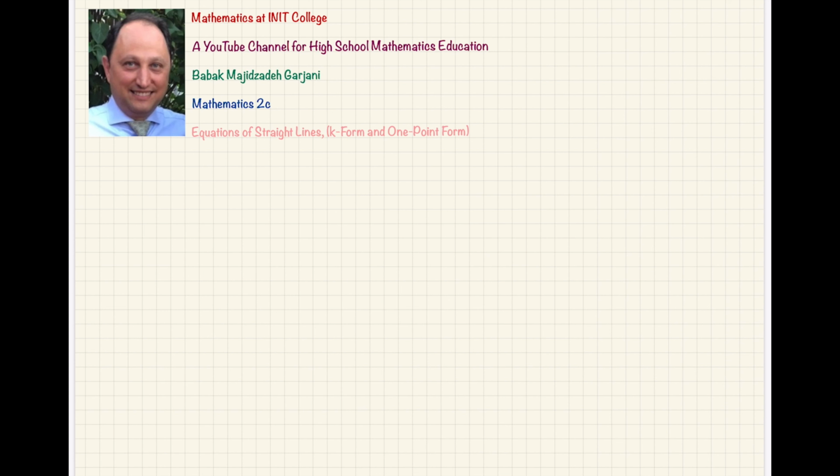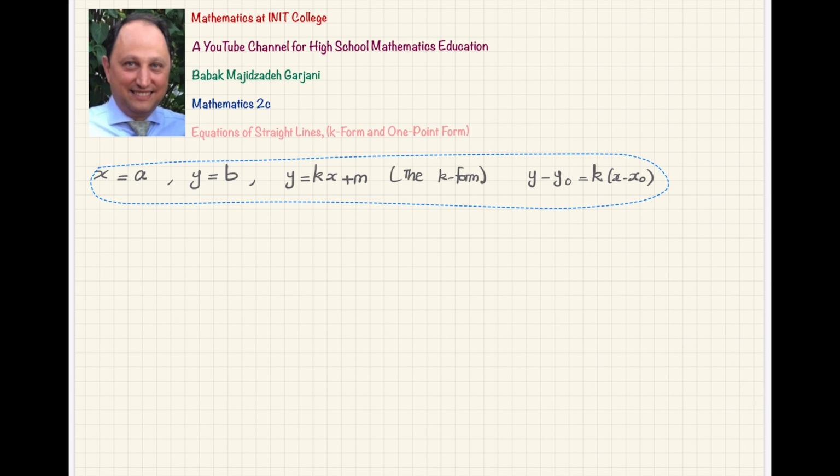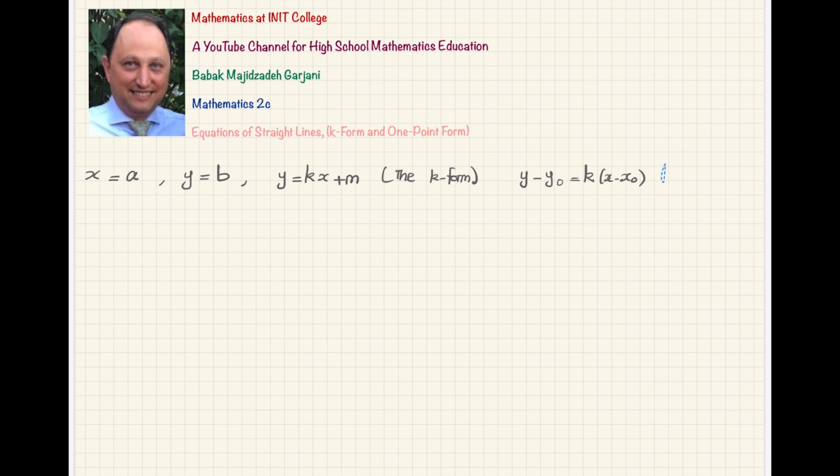So we got this, that an equation of a straight line is either of this form, x equals a number, or of this form, y equals a number, or we realized that we could write it as y equals kx plus m, and we call this the k form, or if you remember, first we got this formula, y minus y naught is equal to k times x minus x naught, and this is called 1-point form.